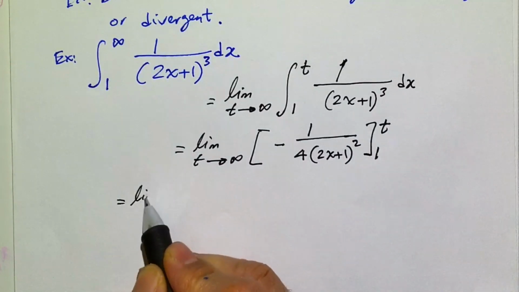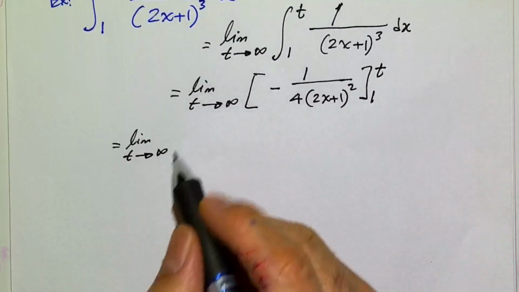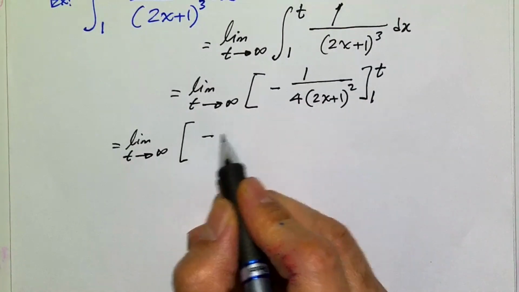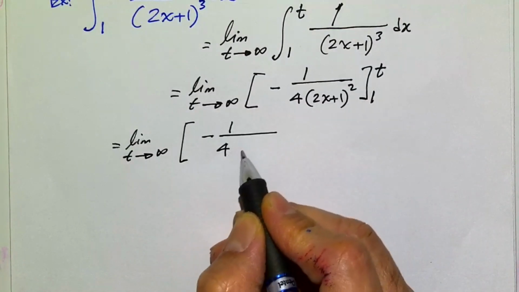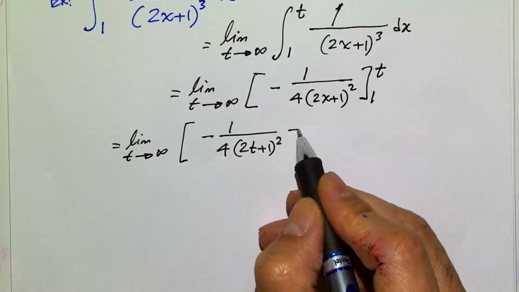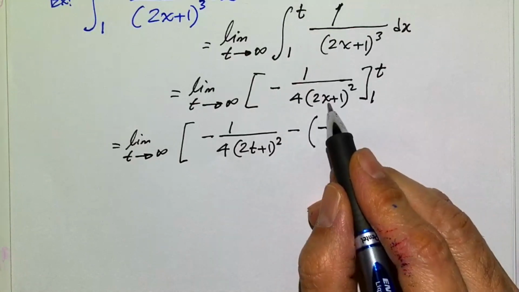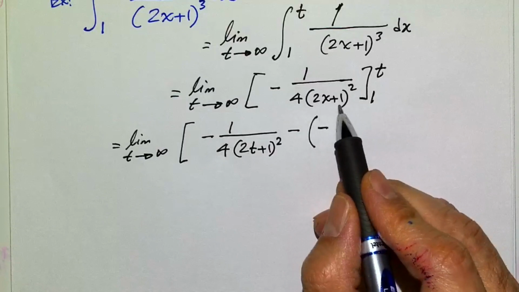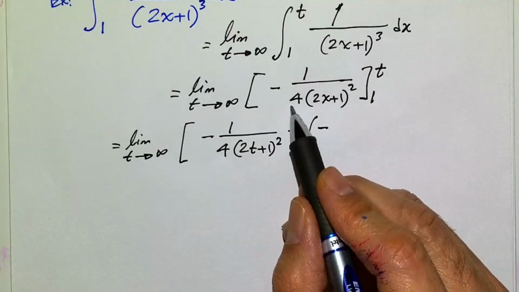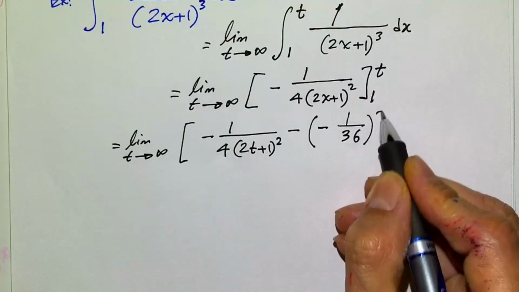The limit as t goes to infinity, replacing x with t first, of minus 1 over 4 times (2t plus 1) squared. And then minus, replacing x with 1, we get 2 plus 1, 3. 3 squared is 9. 9 times 4 is 36, so 1 over 36.